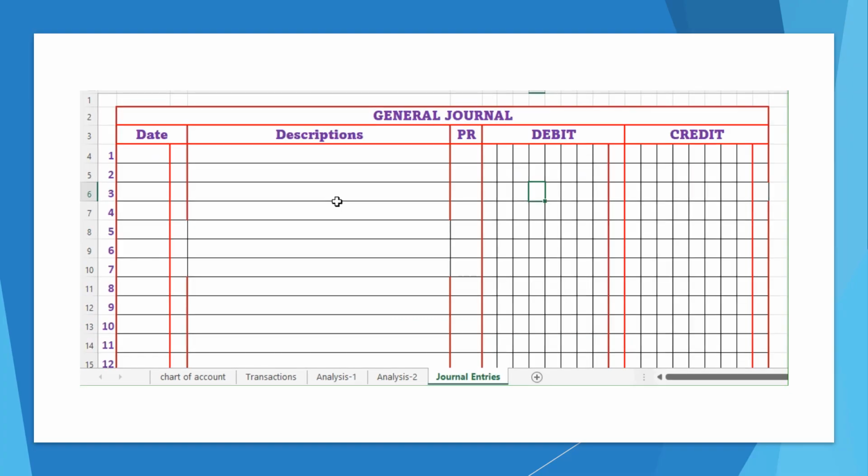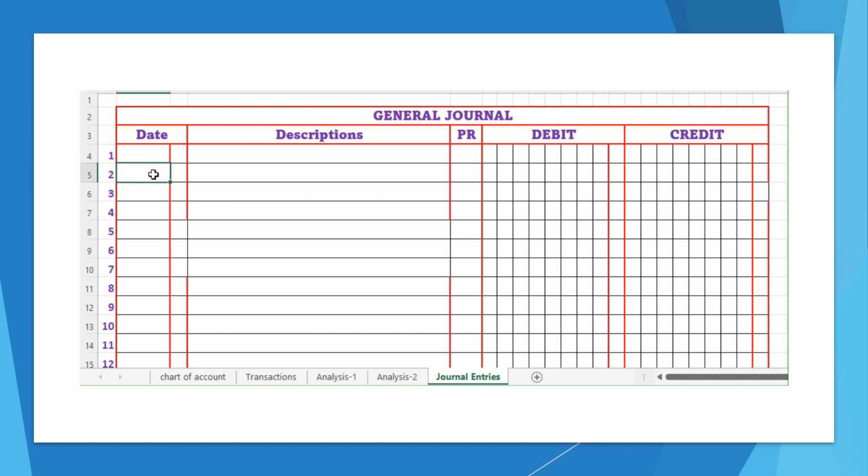Let me introduce first the general journal or the book of original entry. This book is used to record the business transactions after analyzing those transactions. Look at the illustration. This is the name of the journal. And then this is the date wherein you are going to write the year for every page of the general journal.